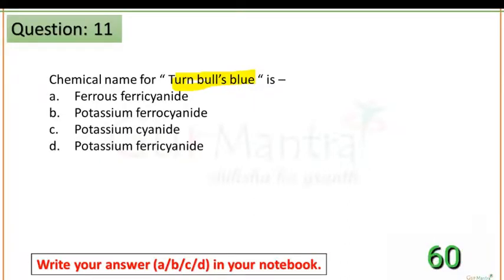Chemical name for Turnbull's blue is ferrous ferricyanide, potassium ferrocyanide, potassium cyanide or potassium ferricyanide.